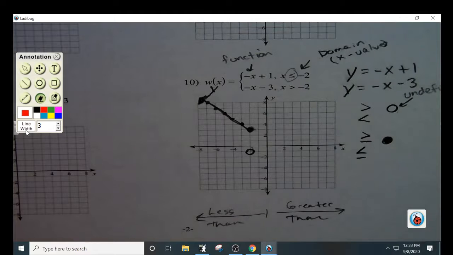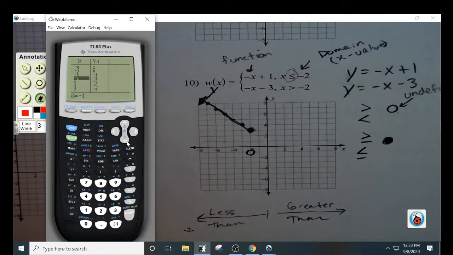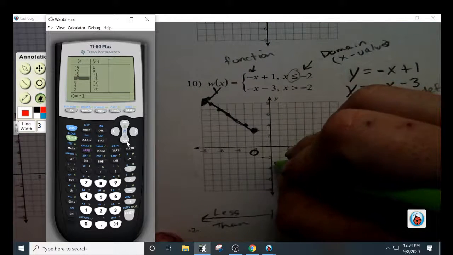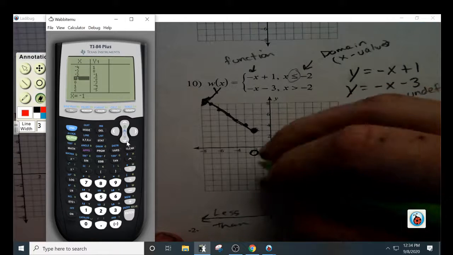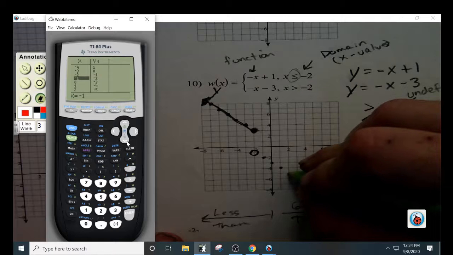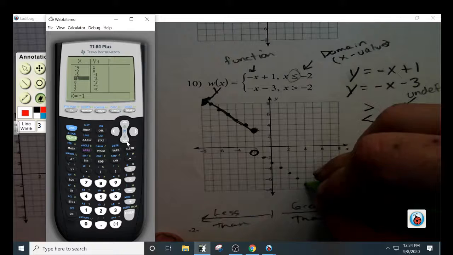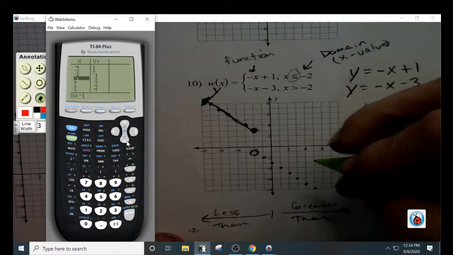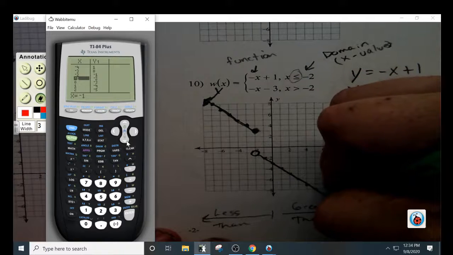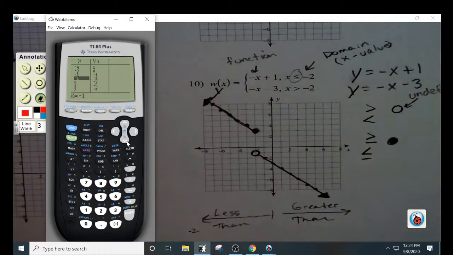Okay. All right. Then negative 1, negative 2. 0, negative 3. 1, negative 4. 2, negative 5. 3, negative 6. 4, negative 7. 5, negative 8. That's how you graph a piecewise, folks.